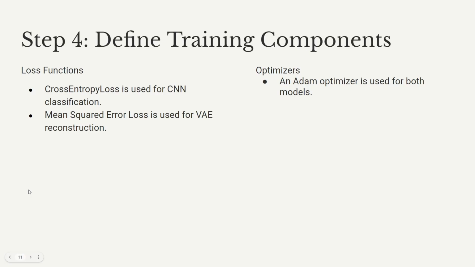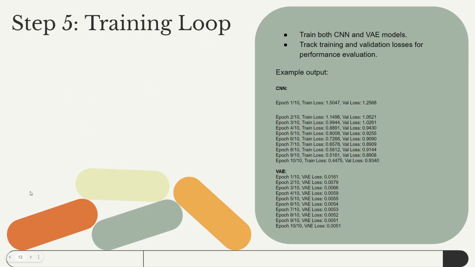For training the models, we used the cross-entropy loss function for the convolutional neural network to measure classification error, and the mean squared error loss function for the variational autoencoder to measure reconstruction error. We used the Adam optimizer with a learning rate of 0.001 for both models. Here are the results from training our models.